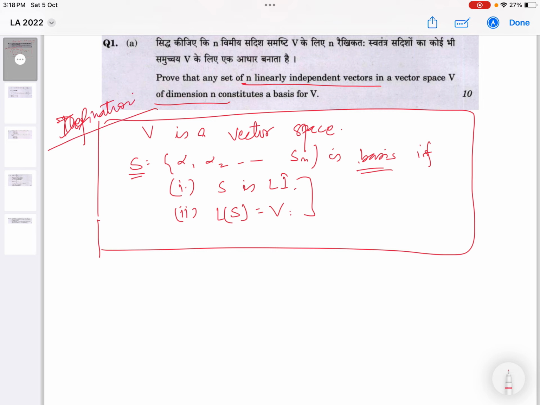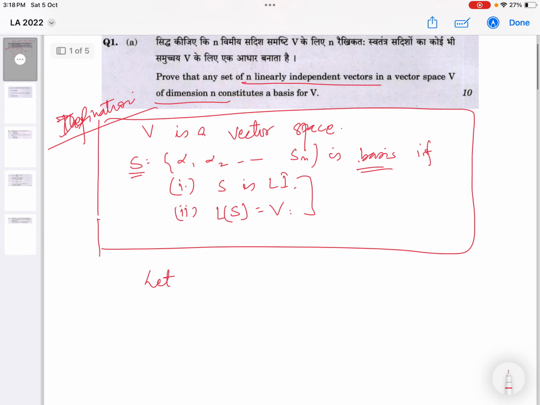Fine. तो अब हम प्रूव करेंगे. तो गिवन दैट हमें गिवन है n linearly independent vectors in vector space V of dimension n. So let's say S is equals to alpha 1, alpha 2, alpha n be linearly independent vectors.